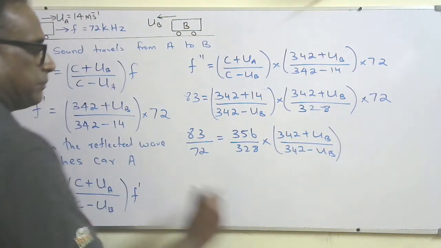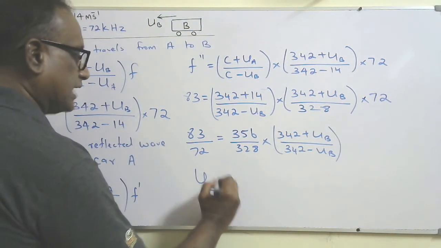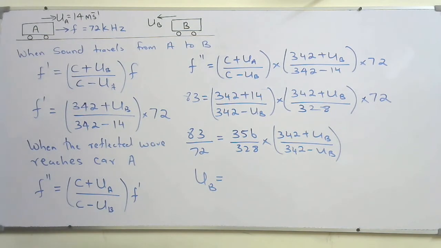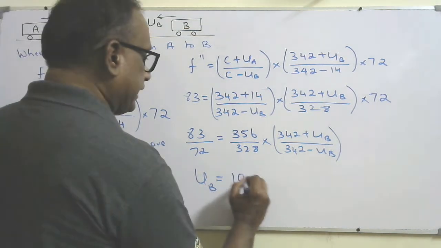Okay, so simply you can solve it and you will get the answer for UB, which will be equal to 10.3 meters per second.